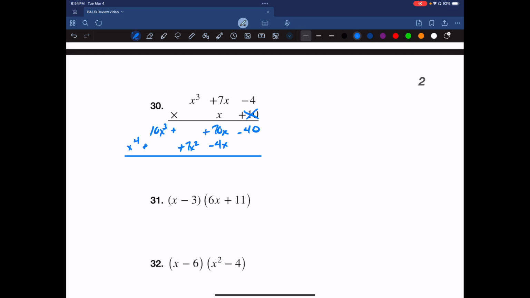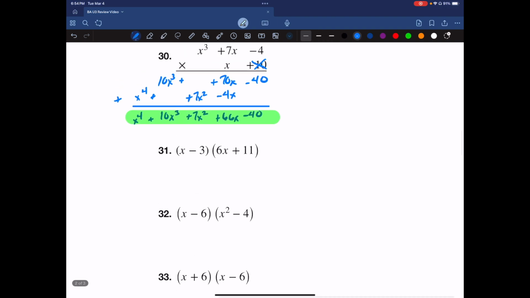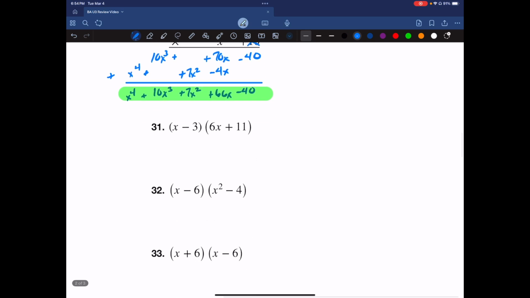And I'm adding, so don't forget that. So I have negative 40, just bringing it down. 70 minus 4 is plus 66x, and then 7x squared, 10x cubed, plus x to the fourth. As long as you keep like terms on top of like terms, that one's not too bad. But if you're not careful, that can really screw you up.